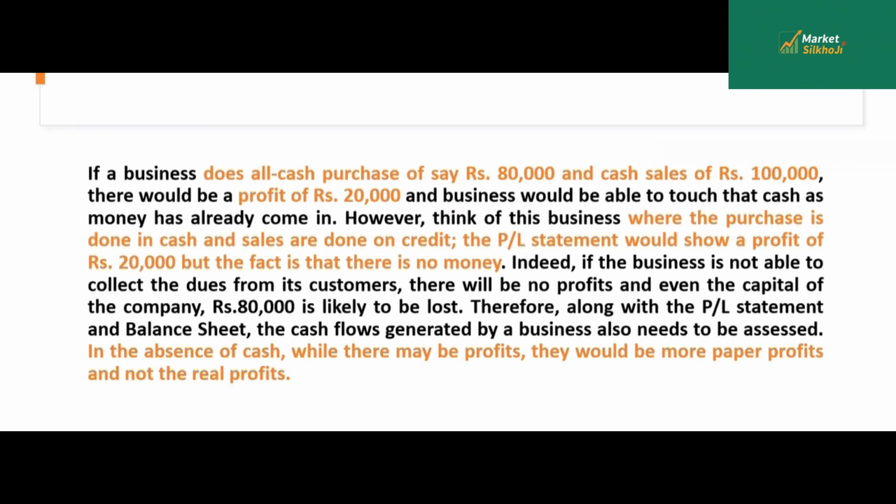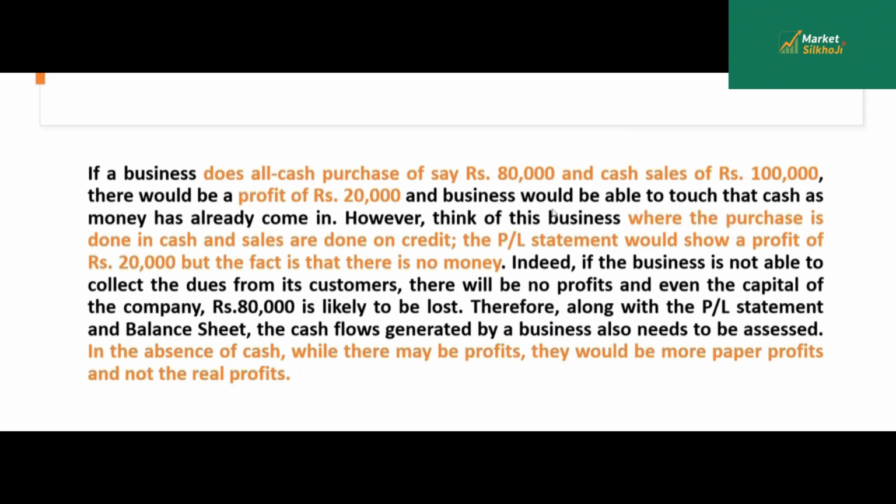Now he is selling that inventory for 1 lakh rupees, and that is a cash sale. So he received 1 lakh rupees in cash. Now what would be the profit? 1 lakh sale price, 80,000 rupees expense, 20,000 rupees is the profit before tax, which happened in cash. The business would be able to touch that cash as the money has already come in.